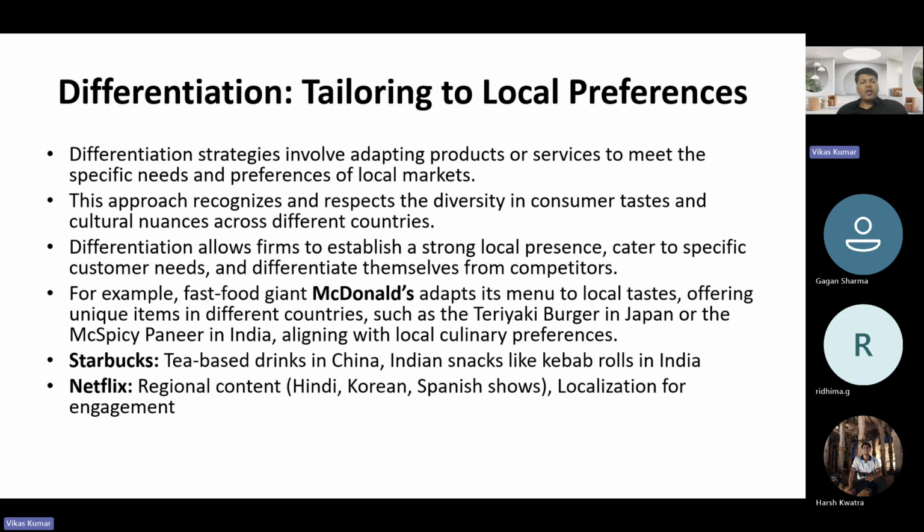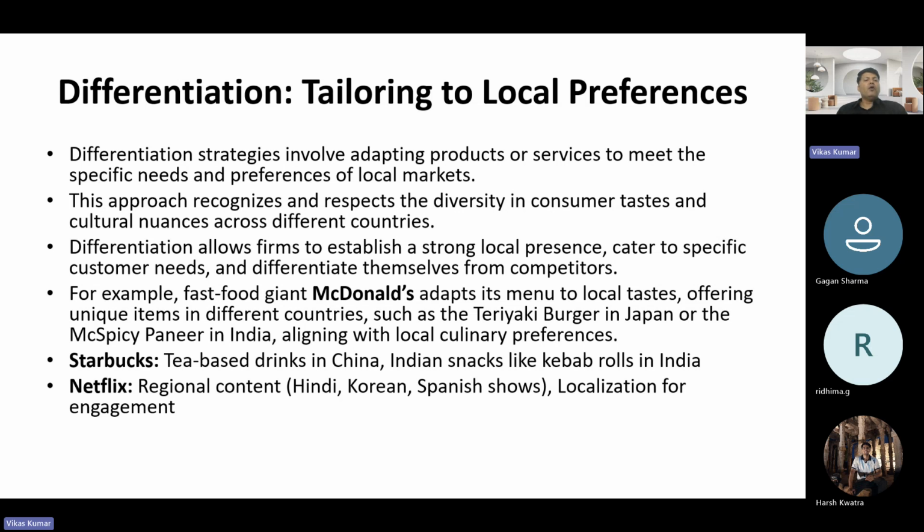This approach recognizes and respects the diversity in consumer taste and cultural differences or cultural nuances across different countries. Differentiation allows firms to establish a strong local presence, cater to specific customer needs, and differentiate themselves from their competitors also.